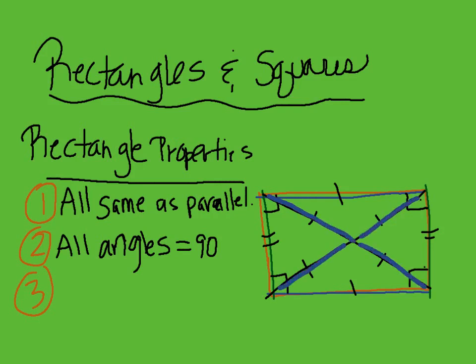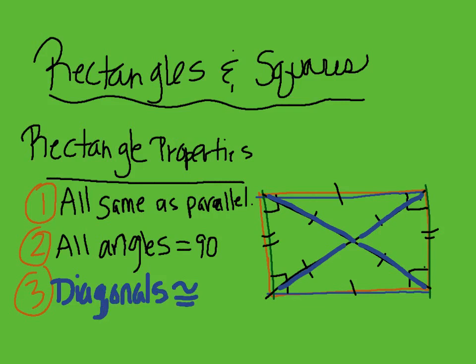So that means that all 4 of these segments are equal in the middle. So if that's true, that means that the wholes are also equal. So then that means that the diagonals are also congruent. So the diagonals are congruent.